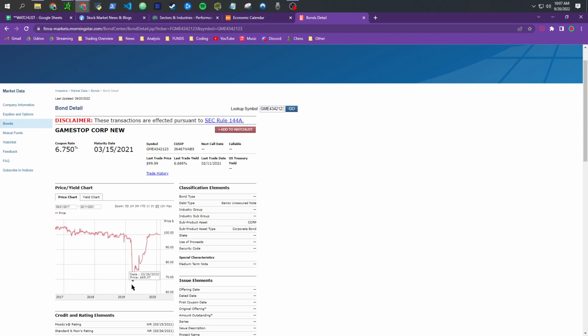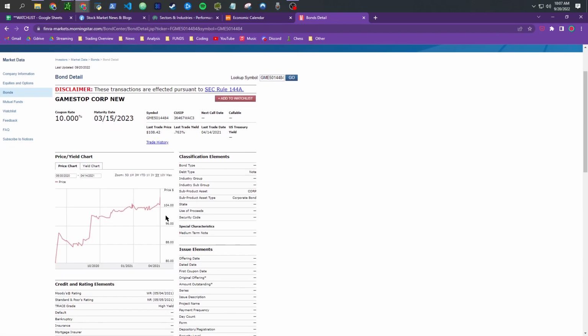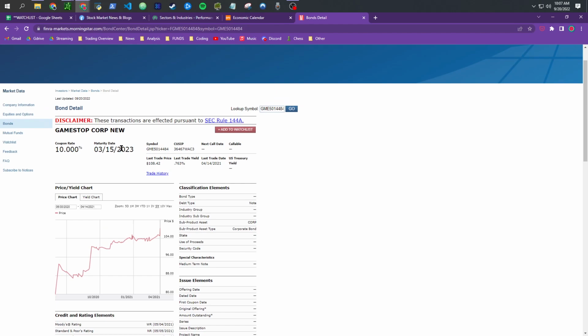And then as the market started recovering, the bond prices recovered too. We can go back to those 2023 bonds and see what those are trading at. They're trading above par, I guess because of that fat yield, right? And these mature pretty soon, in like 6 months, so that makes sense because you're going to get a fat yield.